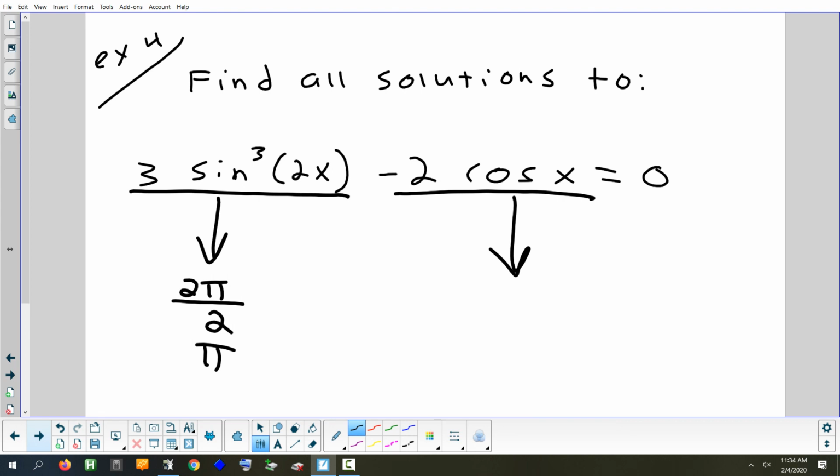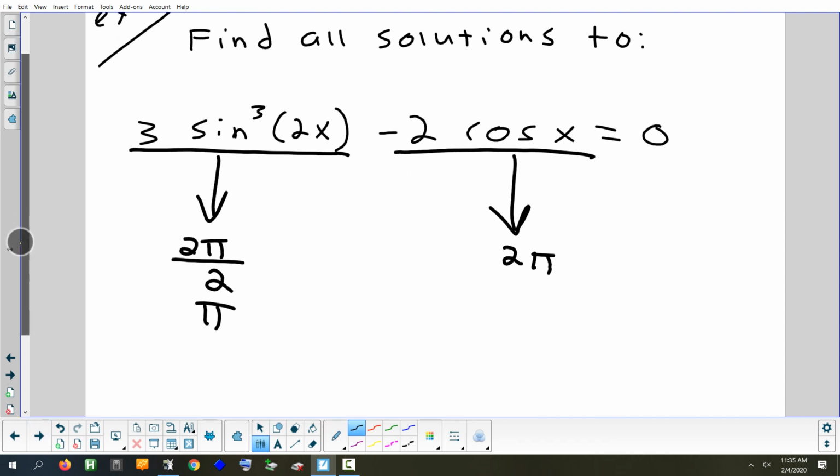So that's cosine to what power? 1, which is what kind of number? I didn't get the formula. So what's the formula for cosine to an odd? Chris? 2 pi over... Yep. And what's b in this case? 1? So it's just 2 pi over 1, which is just 2 pi.